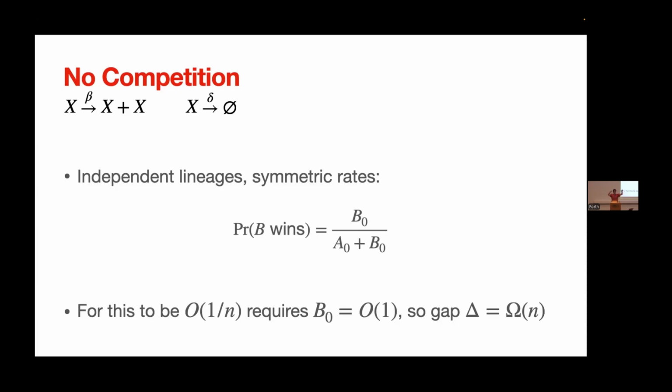All the lineages are identically distributed, IID, so one of them is the last one standing. They're all identical because we assume here that they have identical rates. Beta is the same for both of them. Delta is the same for both of them.